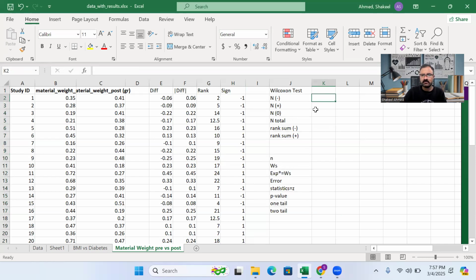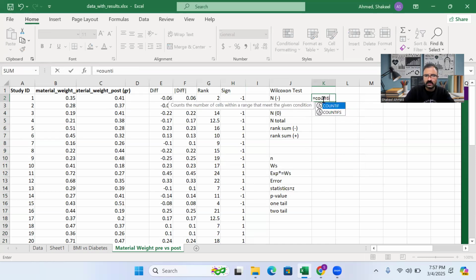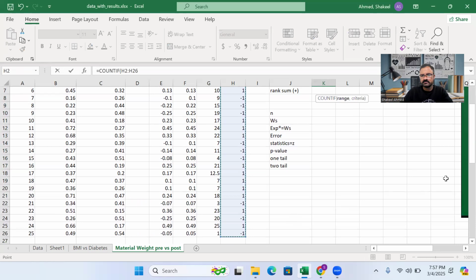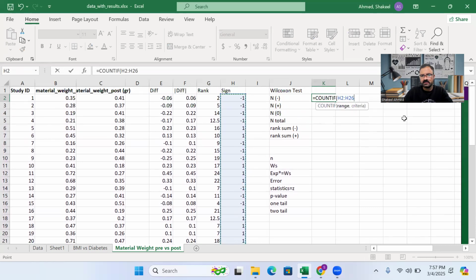How many observations in the negative rank? You can just find using the COUNTIF command. Just select, and then the criteria is -1.